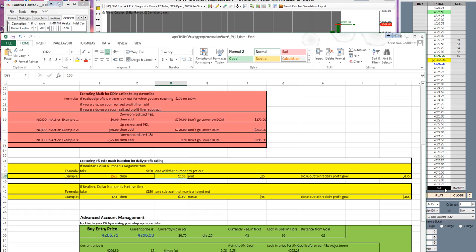So I know I need to get $175 in my DOM. And when I see the 175 in my DOM, I'm going to lock it in and be done for the day, closing out at 150. On the other side, if I'm up 45, I'm going to take 45 from 150, and I know I only need $105 to be done for the day.